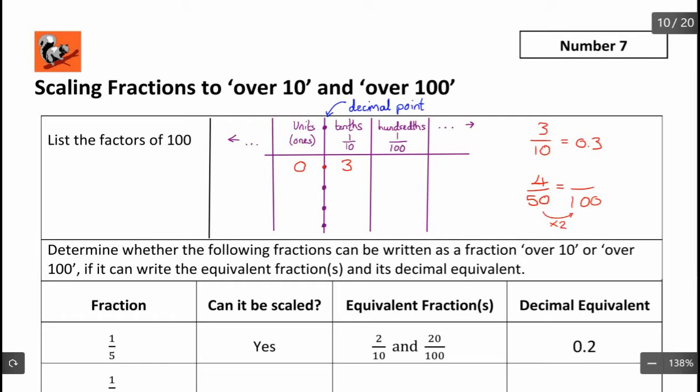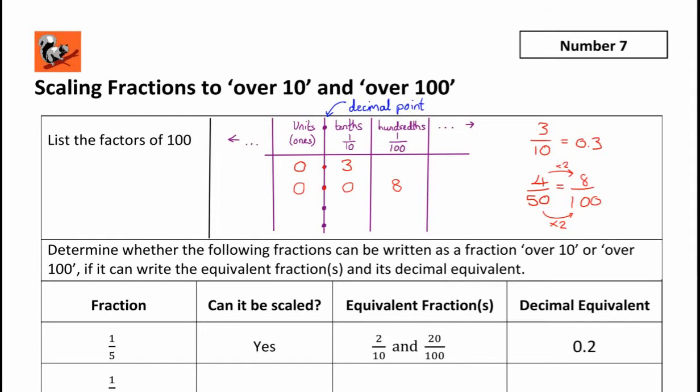I've got to multiply by 2. If I multiply this by 2, I get 8, and there I've got 8 hundredths. The hundredths column is the next one to the right, so I've got 8 in there. I don't have any tenths, and I don't have any ones or units, so my decimal is 0.08.